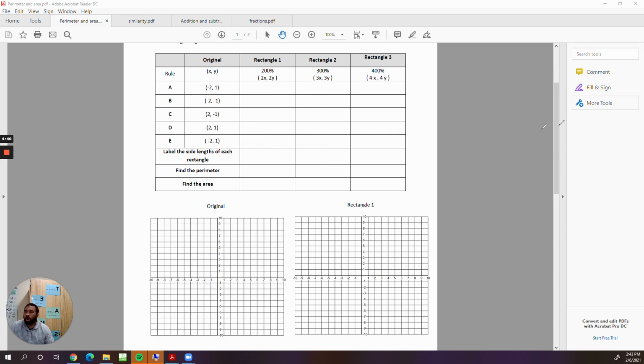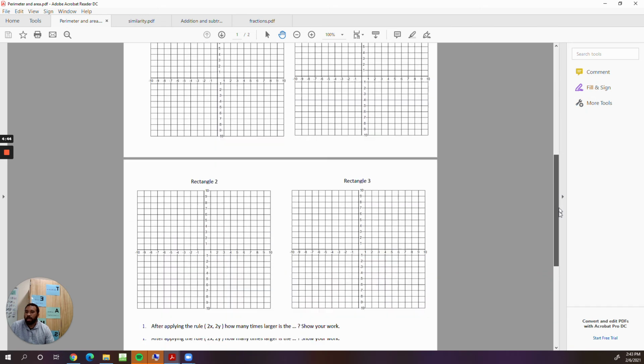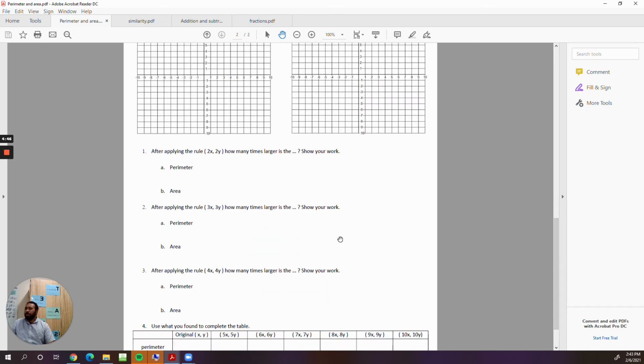The last thing I want to go over before we get started is, what does it mean by how many times larger? It says, after applying the rule 2x, 2y, how many times larger is the perimeter? Is the area?